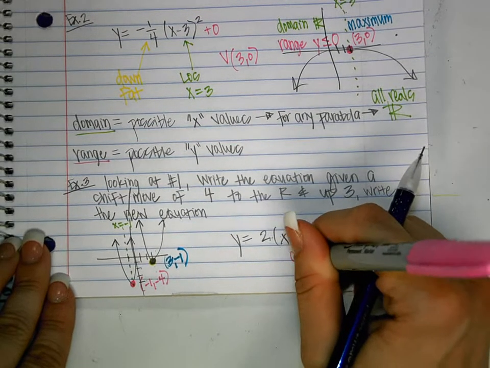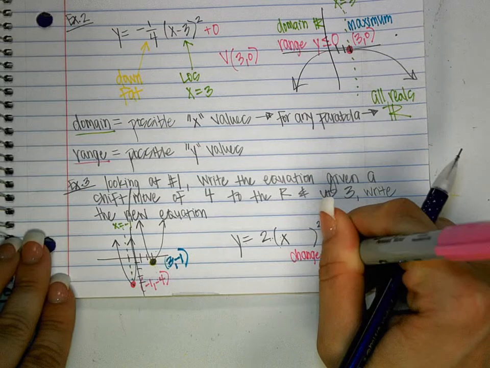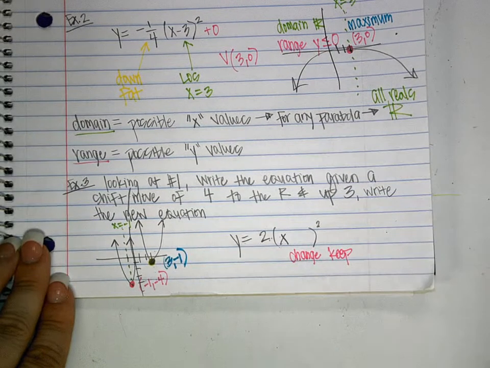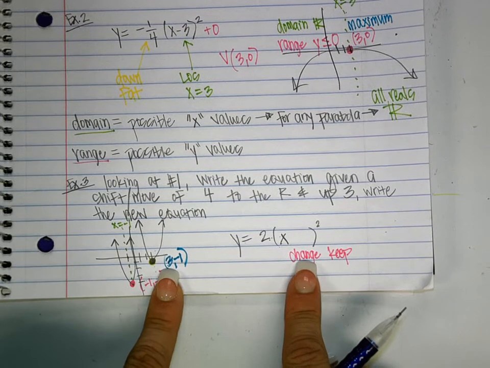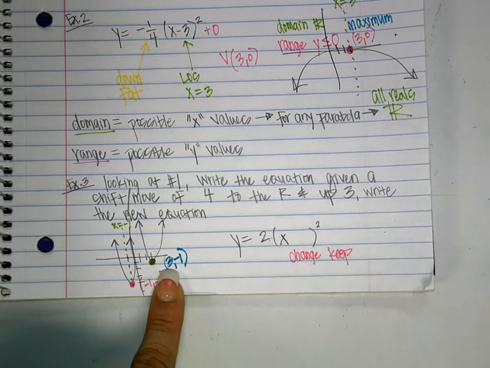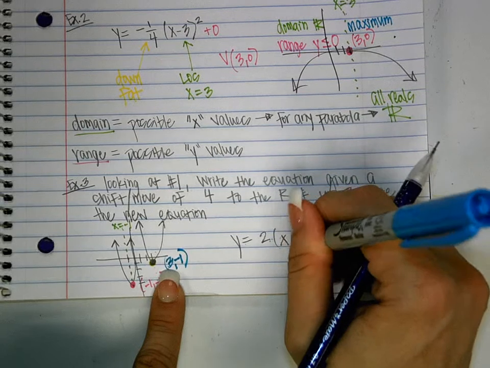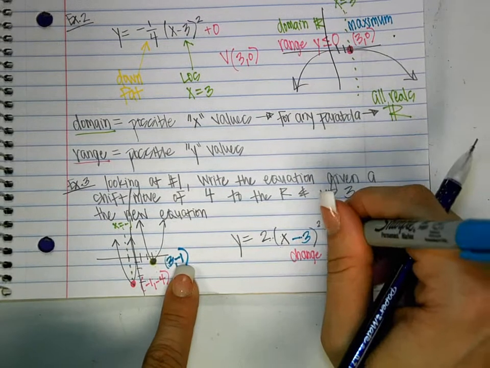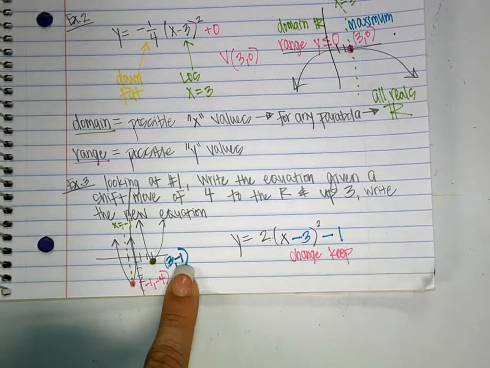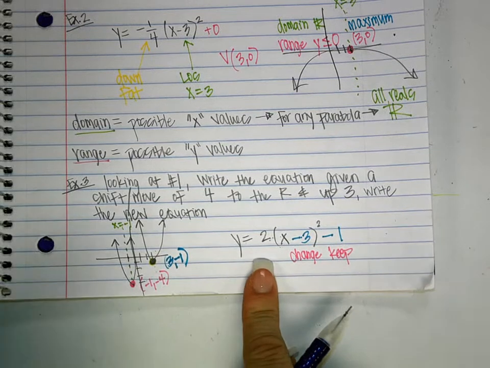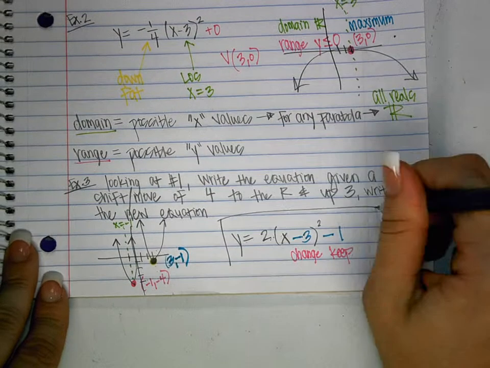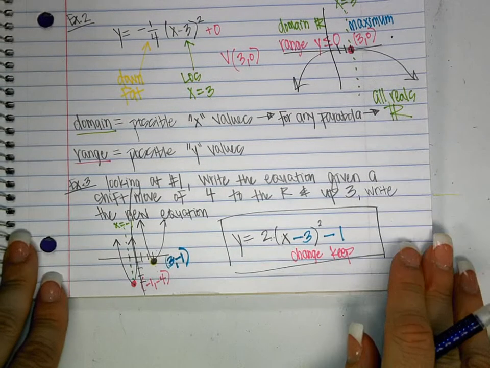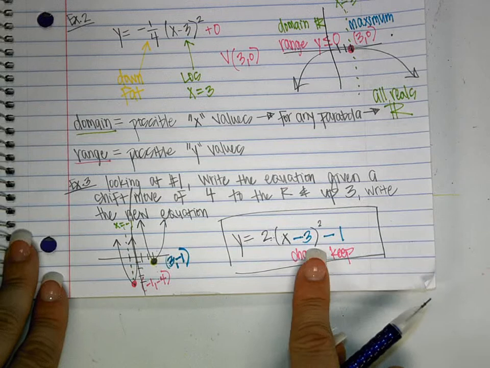And remember, change the sign, keep the sign. If I change the sign of my x coordinate, that would be -3. And I keep the y coordinate, -1. That's your answer. If I asked you to rewrite this as a shifted equation, this is your answer: y equals 2 times (x minus 3) squared minus 1.